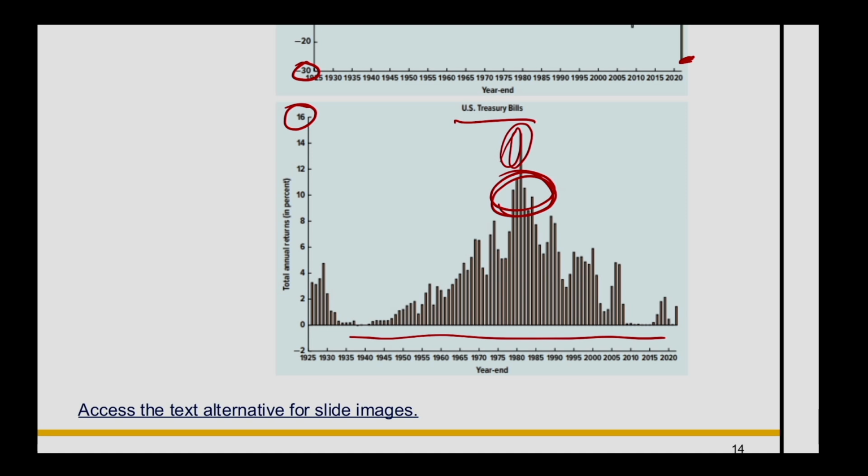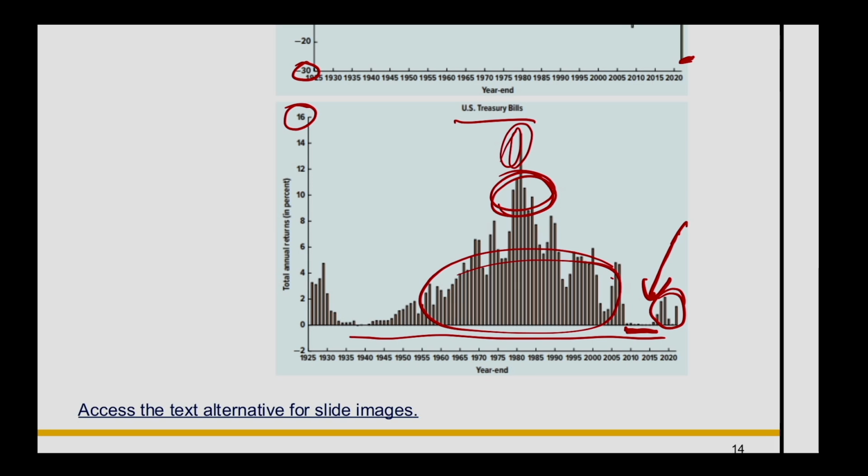Also of note, take a look over here where we have very low rates. Most of you, during most of your lifetime, haven't seen much in the way of interest rates. It's been very close to zero. So these rates that we're experiencing today are not, relatively speaking, that much higher compared to the long run.